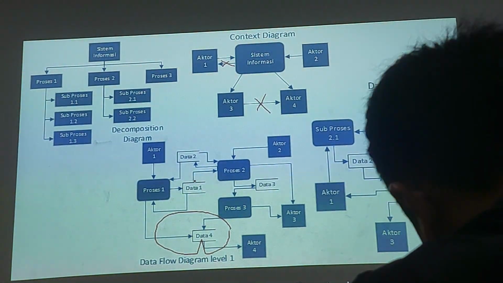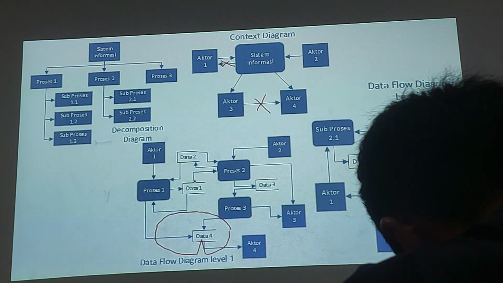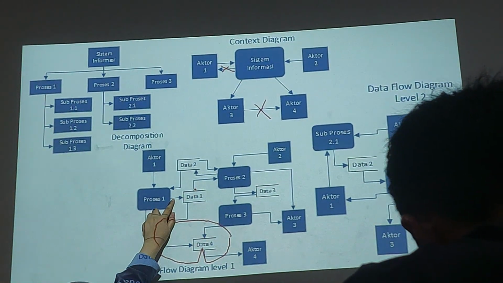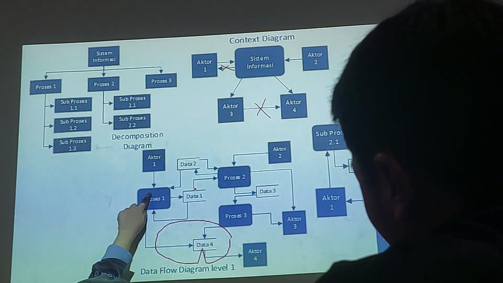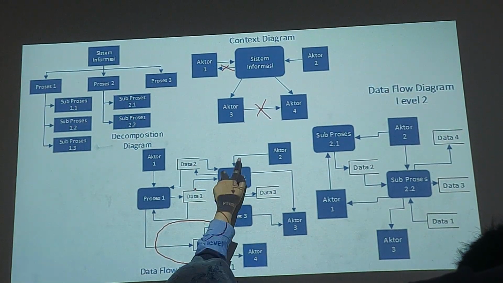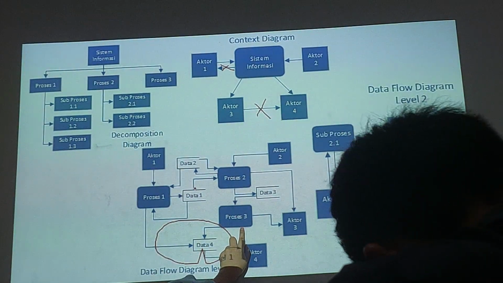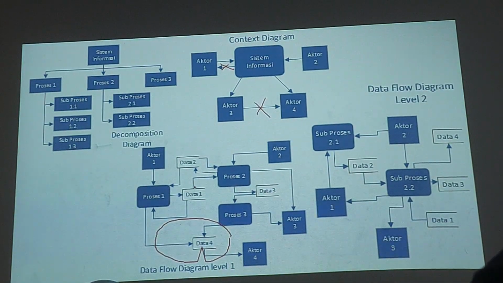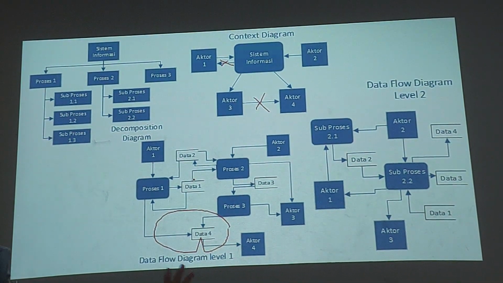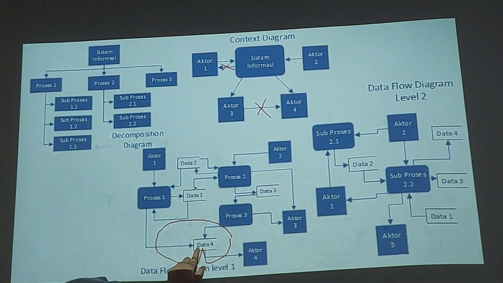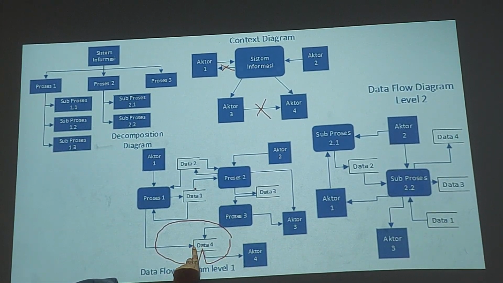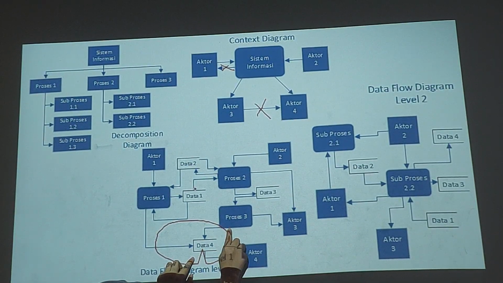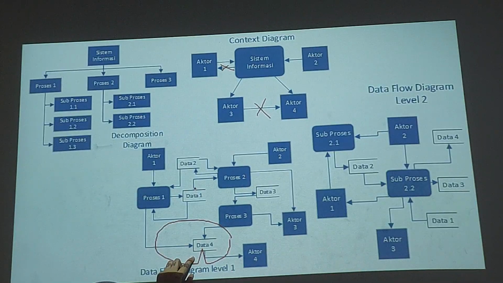The next one, we take a look at this one. For level 1, process, input, output. Then we have input, process 2, input, output, process 3, input. Okay. The next one, this is incorrect because the database goes directly to the actor. It must be from process to actor.